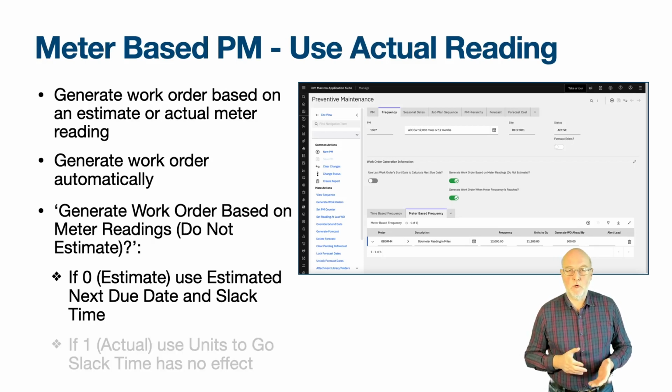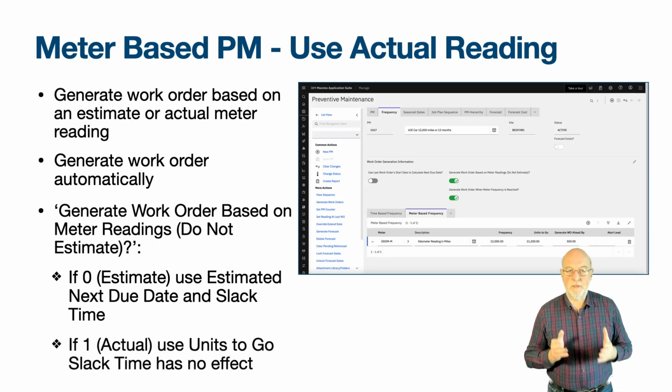When generate work order based on meter readings do not estimate is set, Maximo uses the units to go value to determine whether a work order can be generated. The estimated next due date is ignored, and the slack time in the generate work orders dialog will have no effect. The units to go value becomes 0 or negative based on an actual meter reading.